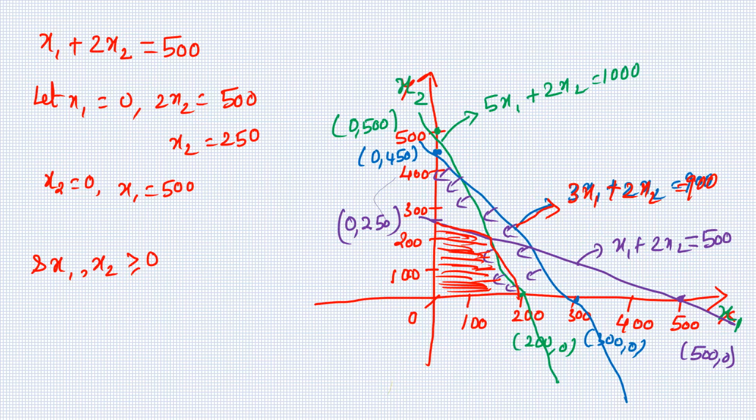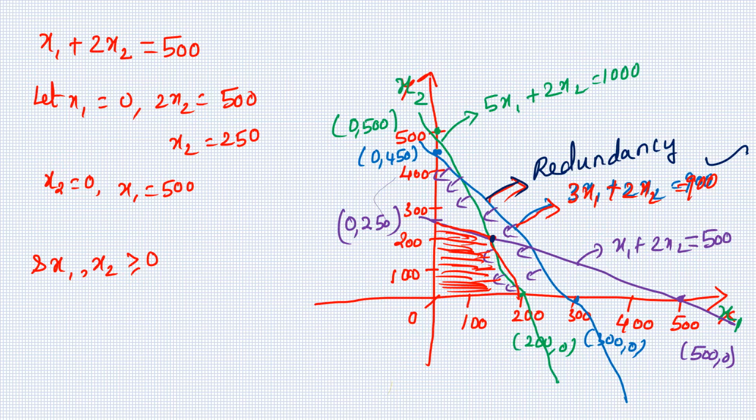Only two lines intersect there. The third line is not intersecting in this region. So we call this equation, 3x1 plus 2x2, a redundancy constraint.